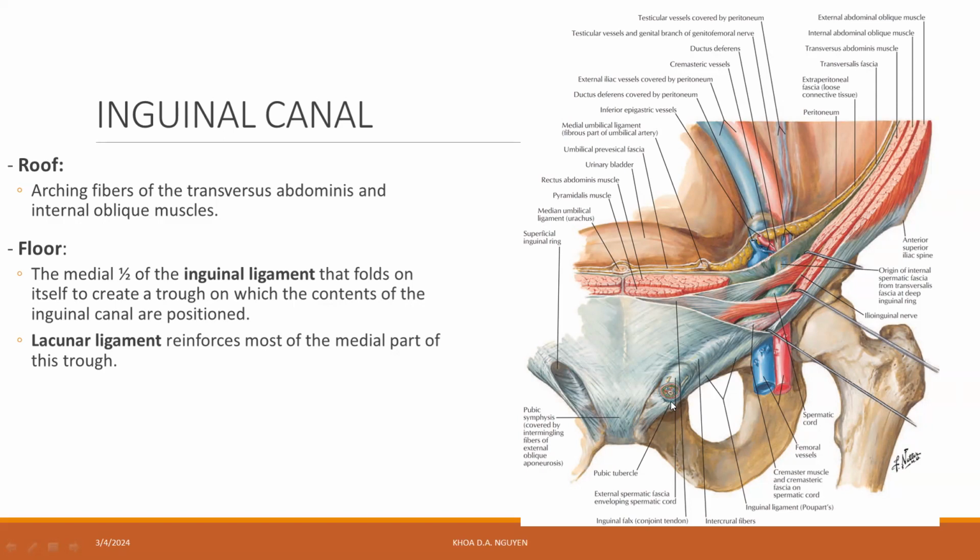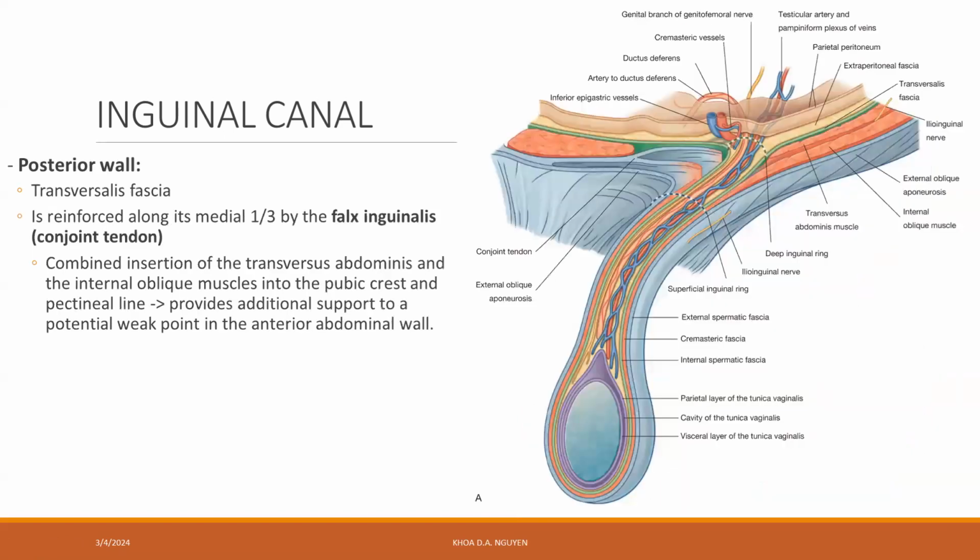Now, you will notice something that is very, very interesting. Okay, let's go back to this image. As the testes move through this canal and into the scrotum eventually, okay, it's going to take layers from the abdominal wall with it. Okay, so you see, this used to be the external oblique layer, and now it has become a layer over here that is going to be a part of the scrotum, right?